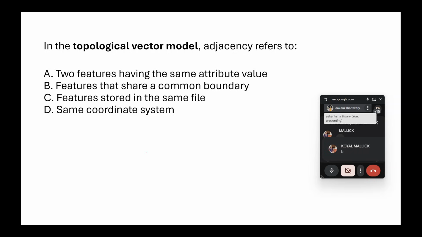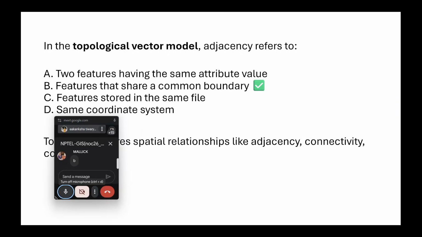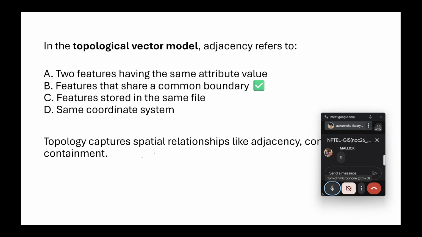Okay, so most of you are saying features that share a common boundary. So in the topological model, we also save spatial relationships, and adjacency means there is a common boundary between the two features. So this is what this means. Containment means there is one feature within another feature. Okay.